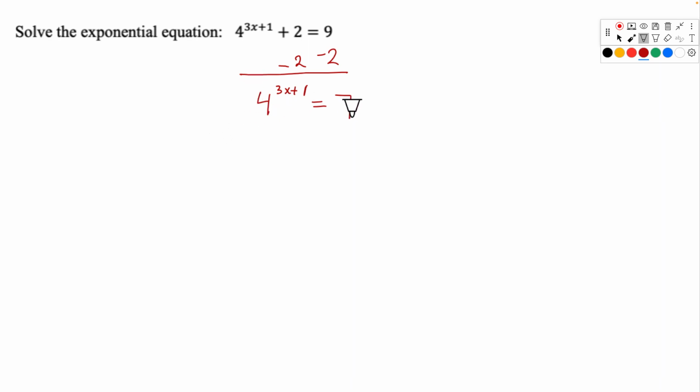You could take the ln of both sides. You could do the log dance, since we've been doing the log dance. So one way is to say that this is log base 4 of 7 equals 3x plus 1. We can also, let me change colors, do something which is called taking the logarithm of both sides.